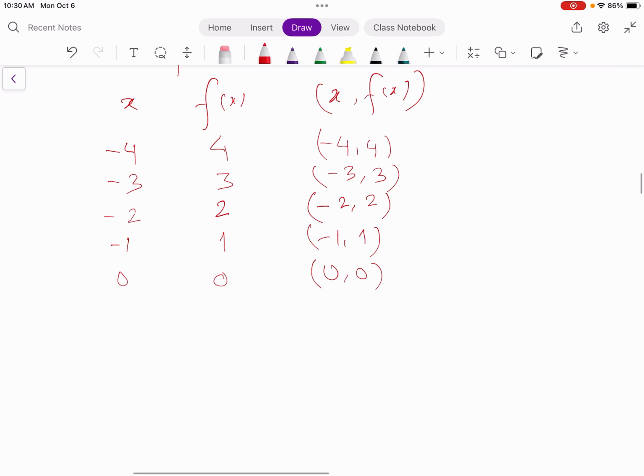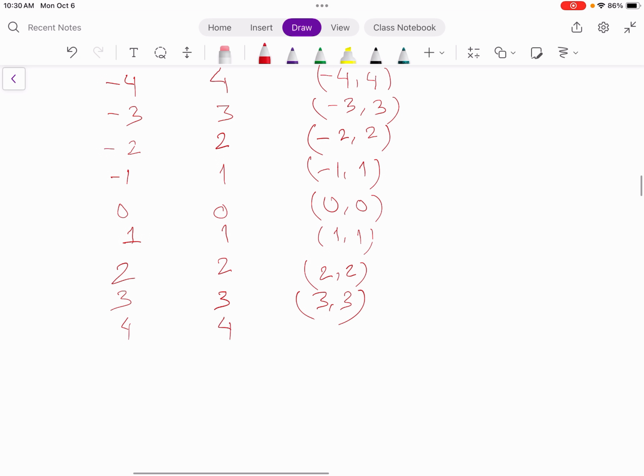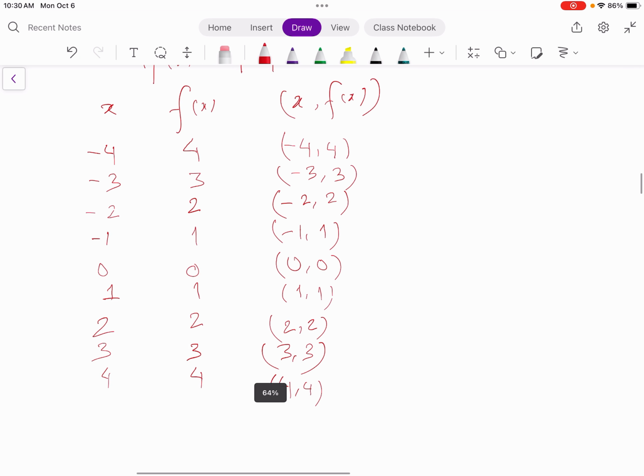Now let's take some positive numbers. If x is 1, the absolute value of 1 is 1. Input 2, the absolute value of 2 is 2. So (2, 2). Input 3, the absolute value of 3 is 3. So (3, 3). One more. Input 4, the absolute value of 4 is 4, so (4, 4). Okay, so these are the points.